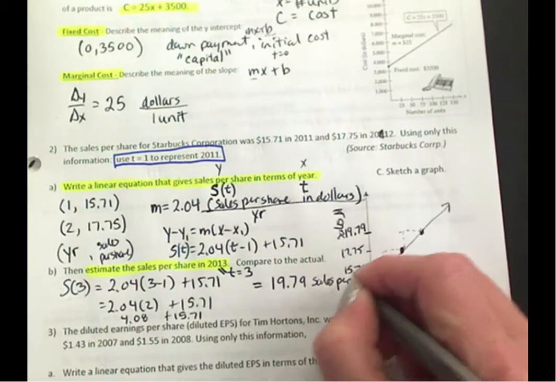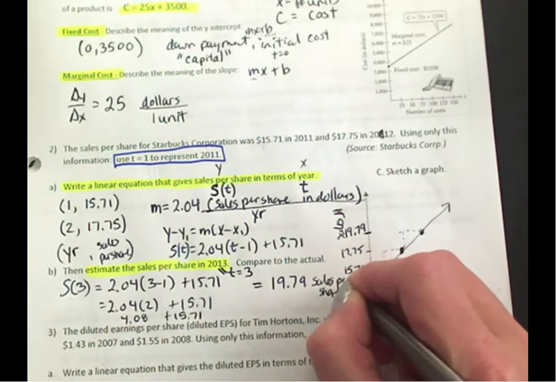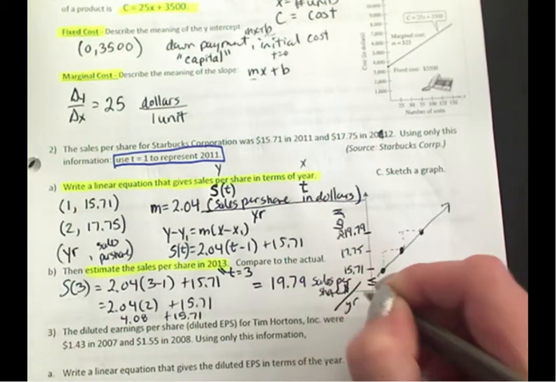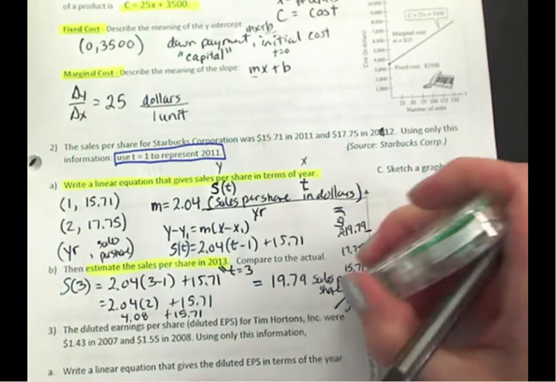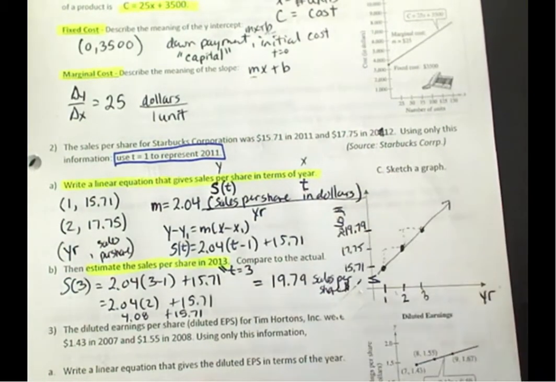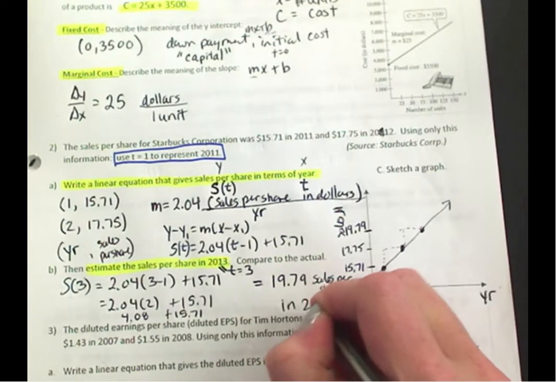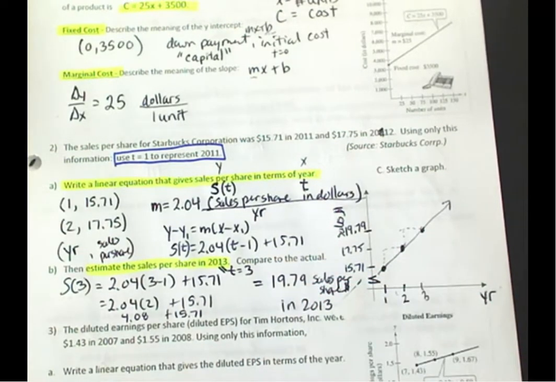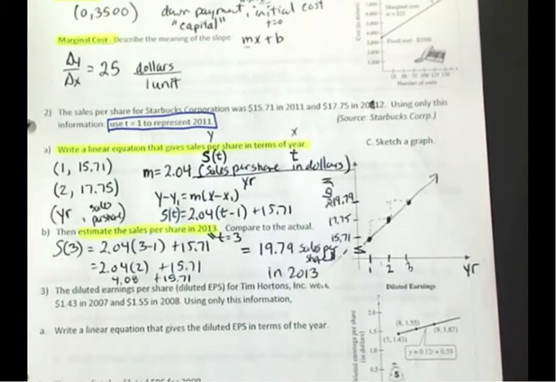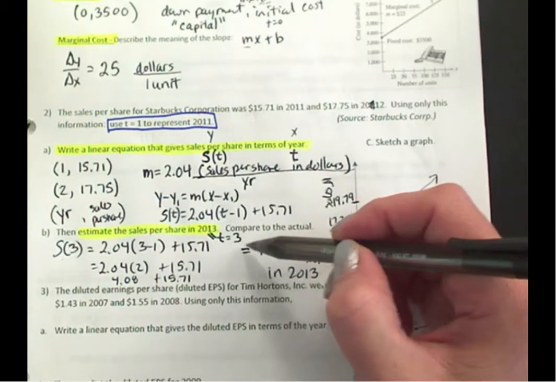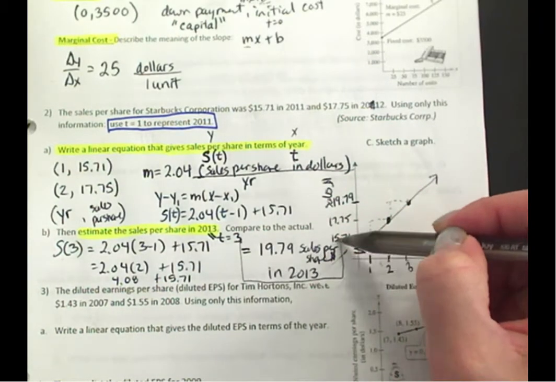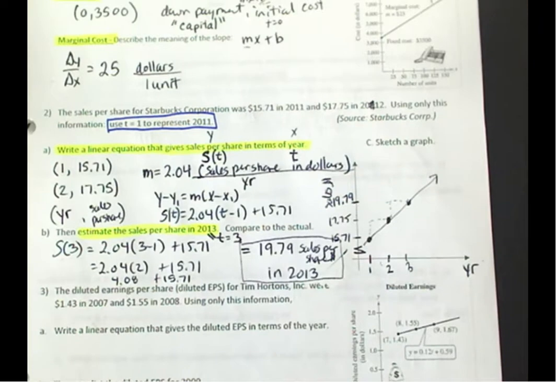Sales per share in dollars. I'm going to say in 2013. That's the year that I was estimating for. Okay. Do number 3. We're not going to compare to the actual right now, but you could look it up.